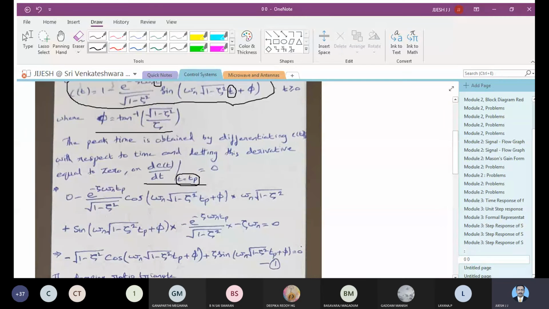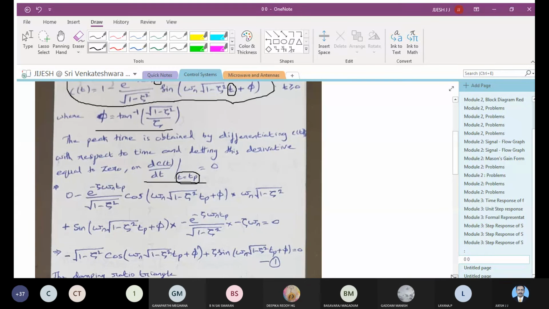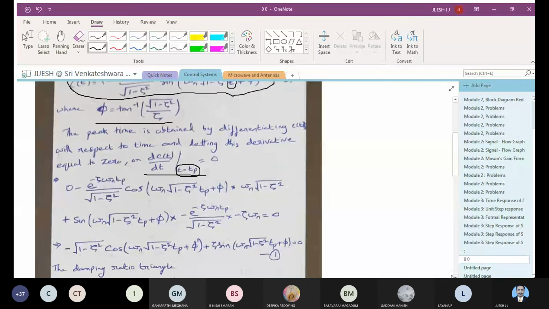Try to find out equation number 1, solve it and complete that equation 1. You can simplify it to get equation number 1. So I have written implies to, so you can see how this equation 1 has been derived.